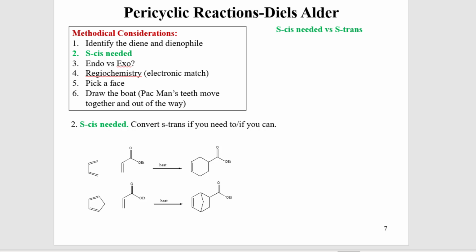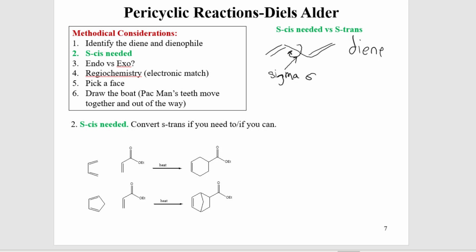We want the diene to be in an S-cis configuration. What does that mean? It means that the sigma bond between the 2 pi bonds of your diene, there's rotation technically around here.